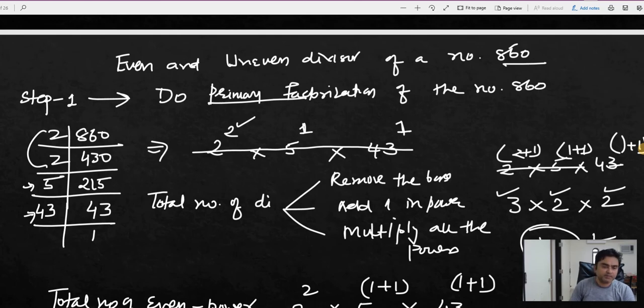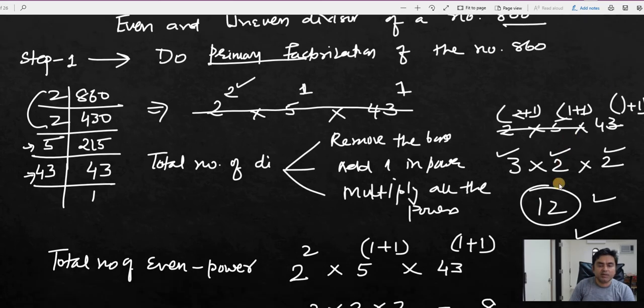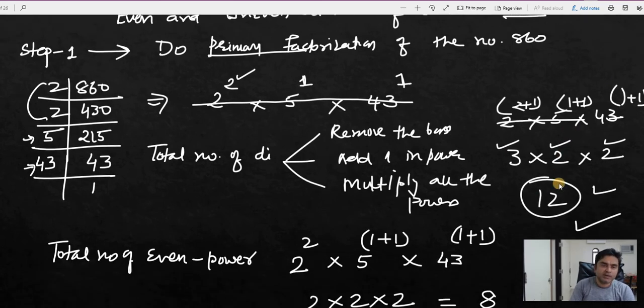Now they ask for the total number of even divisors. To find the total number of even divisors, the power 2 of base 2 you do not need to add 1 to. So this power 2 will remain 2, and this becomes 1 plus 1 and this also becomes 1 plus 1. So 2 into 2 into 2, that is 8. Now the total number of uneven divisors.